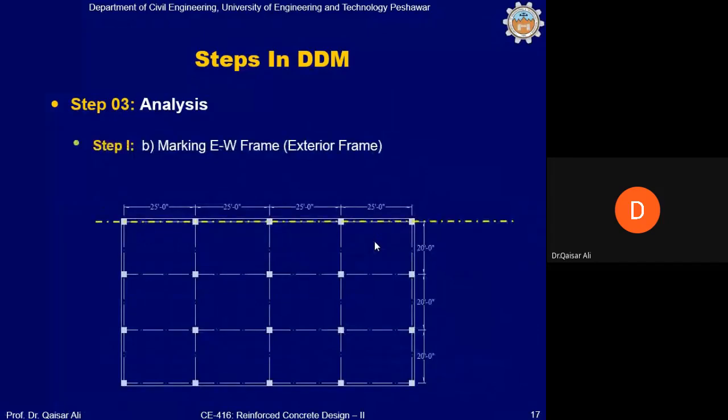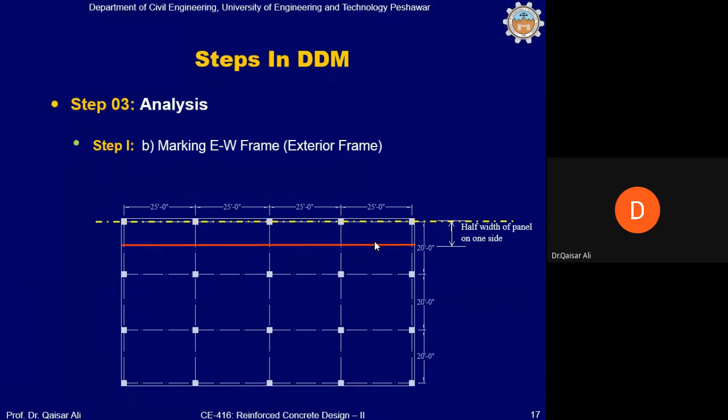Marking of an east-west exterior frame: the column center line is drawn. Then the panel center line is drawn on one side of the column center line, at half the width of the panel.